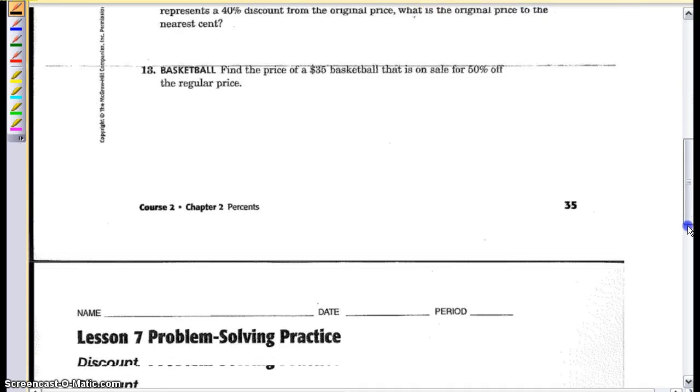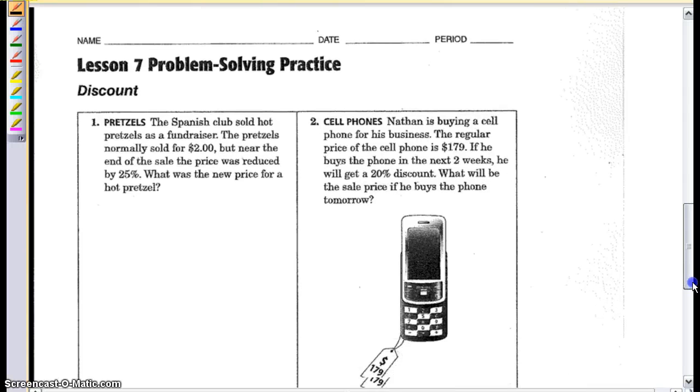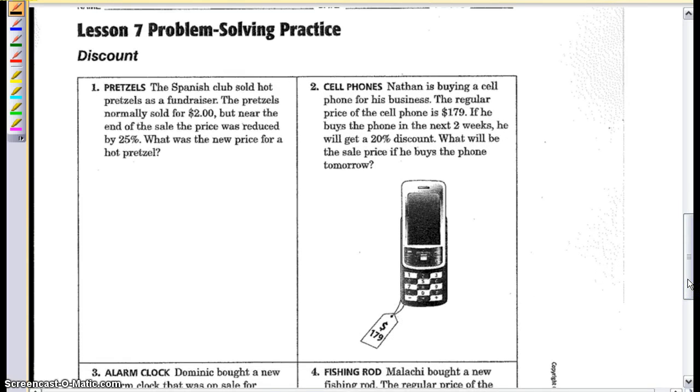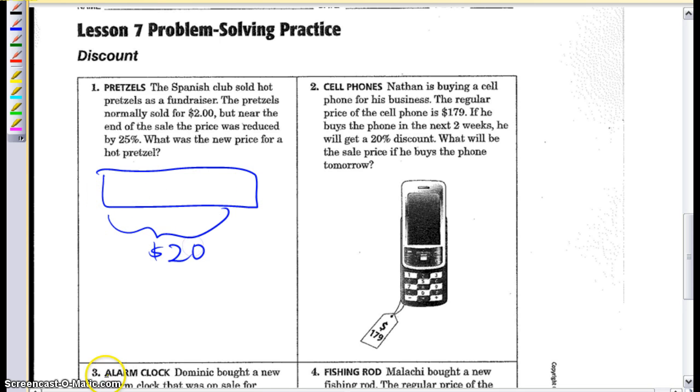Okay, and on the back side, let's do a couple. So let's start with number 1. I'm going to show you using the bar method. The entire bar is going to represent the pretzel that cost $20. Later on there was a sale price and it was reduced by 25%. So I'm going to take my bar and divide it into 25% pieces, which means that I need 4 pieces.